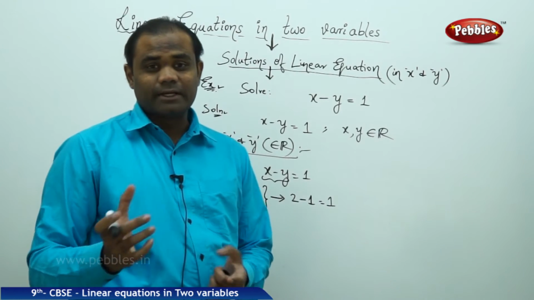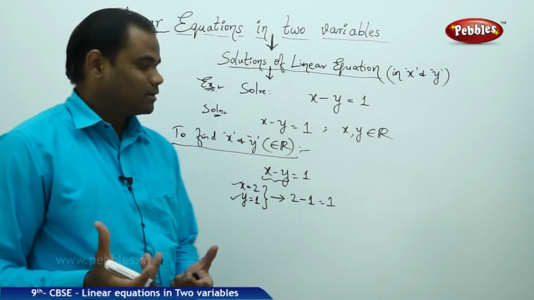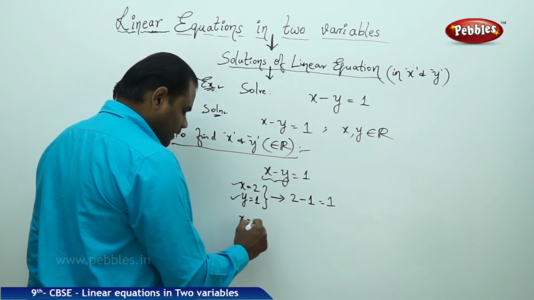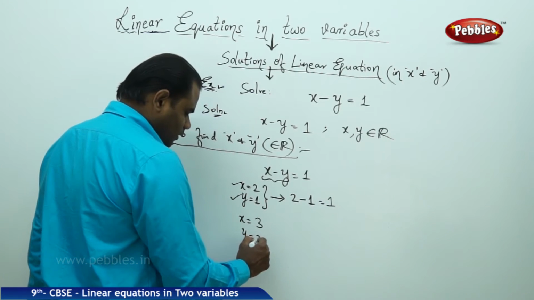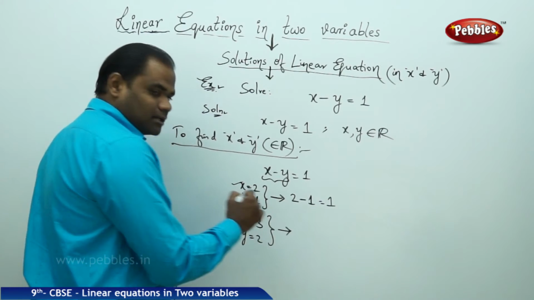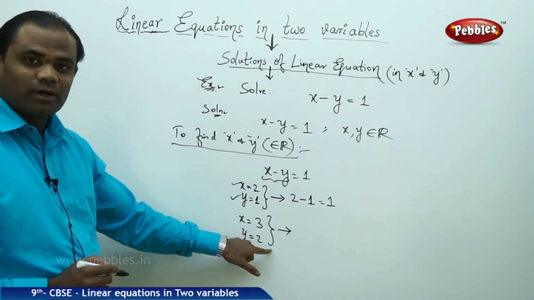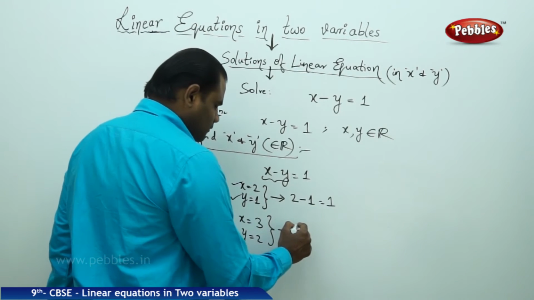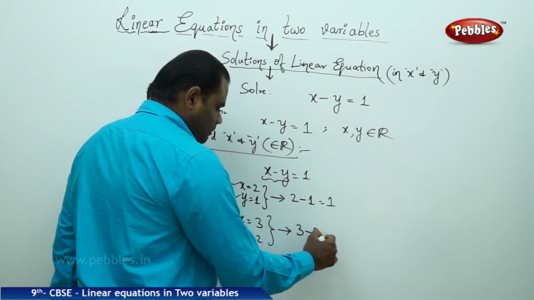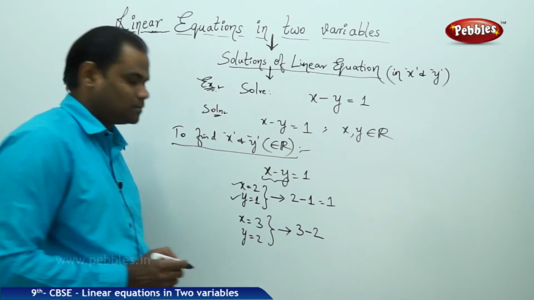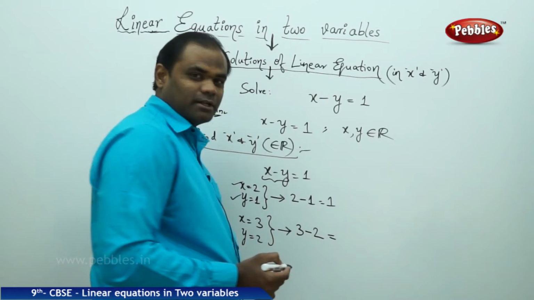Let's try another hit and trial to find other possible solutions. Let me take x equals 3 and y equals 2, and let's see if this satisfies the given equation. My left hand side is 3 minus 2, x replaced with 3 and y replaced with 2, and we know that 3 minus 2 is 1.